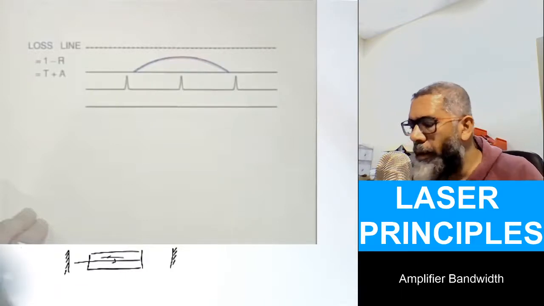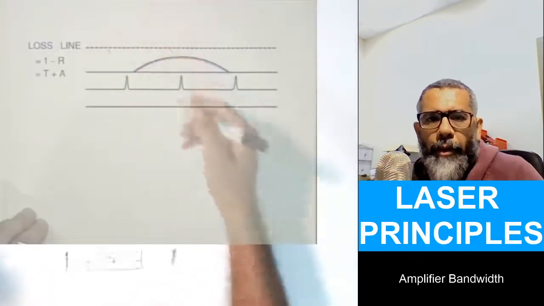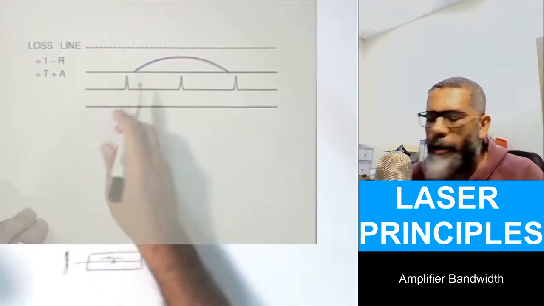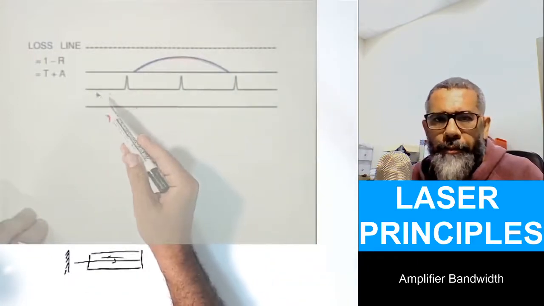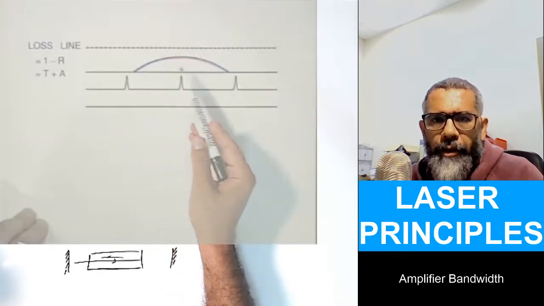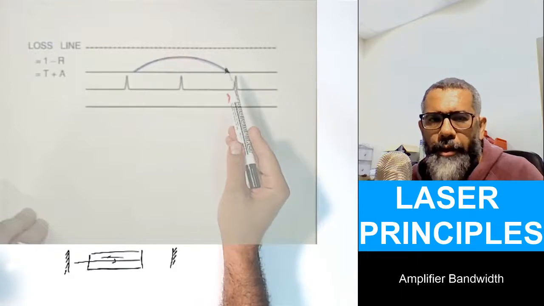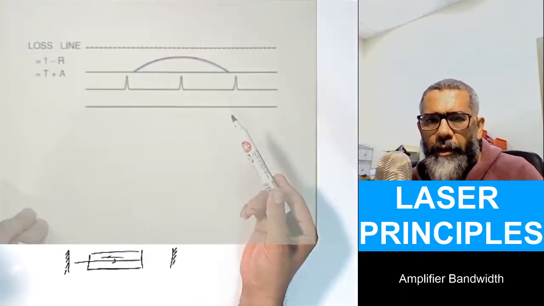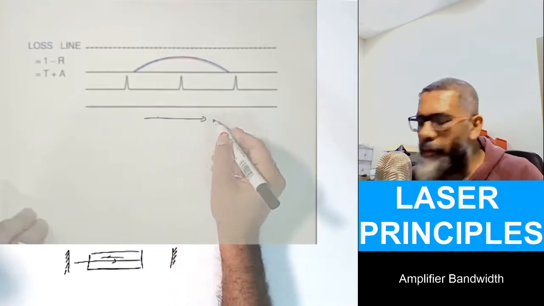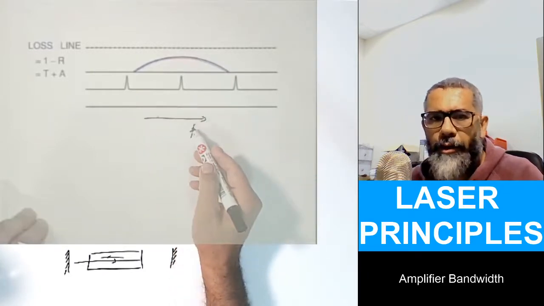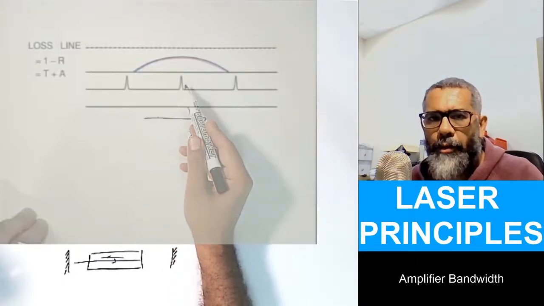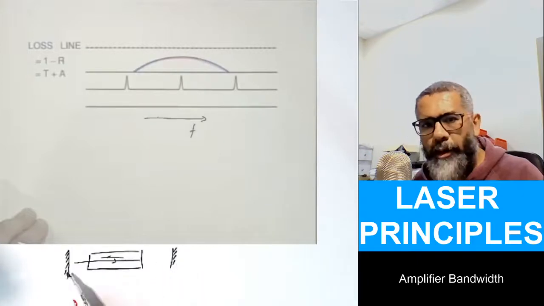frequency range. So what we call the spectrum is, let me first explain this picture over here. What you see is this curved line represents the bandwidth of the amplifier, and what I mean by bandwidth is, since this horizontal line represents the frequency, and these are the frequency modes or resonator modes for this 2-meter resonator.